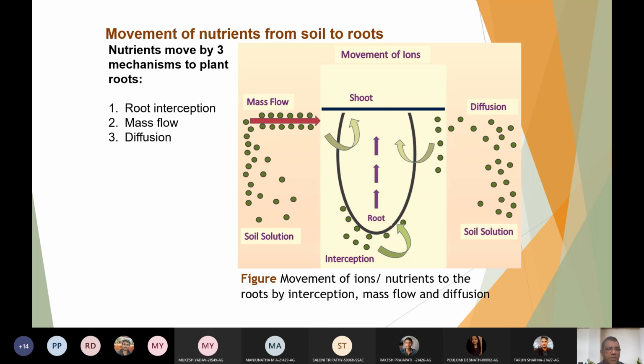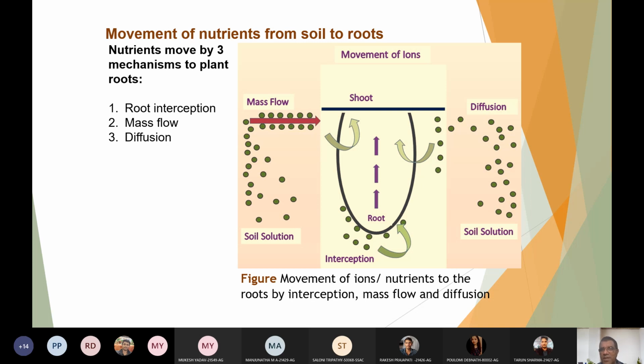Now, movement of nutrients from soil to roots. First of all, nutrients should reach the plant roots. These nutrients reach the plant root from the soil solution. Sometimes roots may be in the soil solution, and then they can take up nutrients directly.